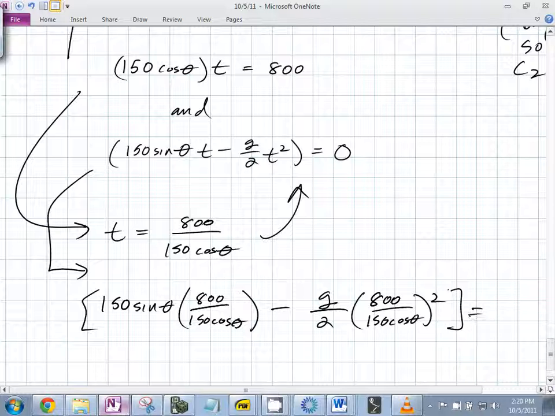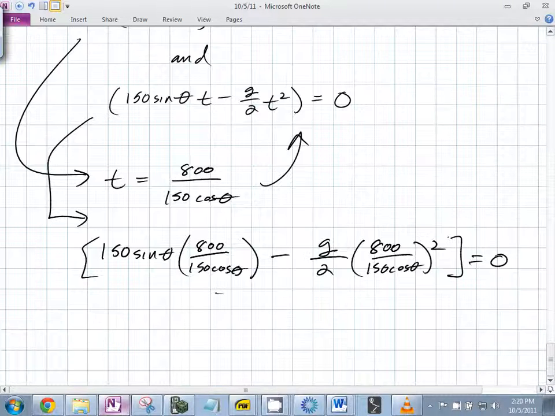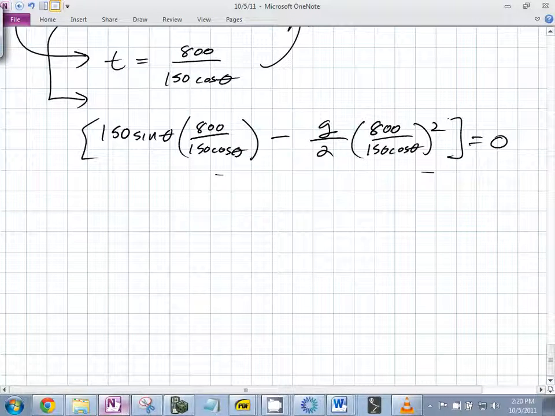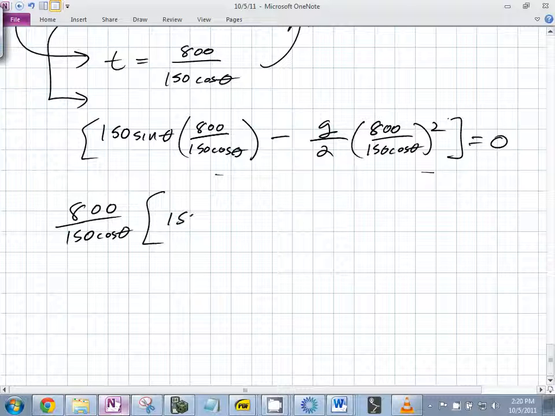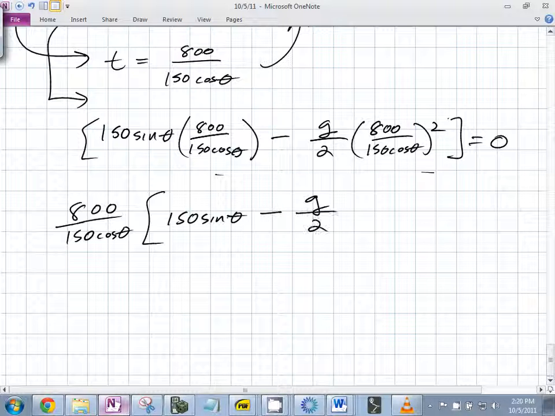Now here's the thing. Can we factor something out of both of these? So we know that we could factor out 800 over 150 cosine theta, correct? And we end up with 150 sine theta minus g over 2 times 800 over 150 cosine theta equals 0, because it's squared, there's still one of those left.